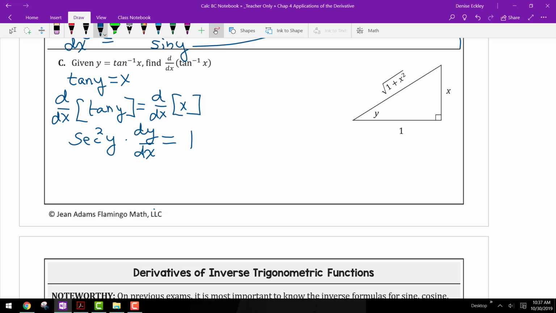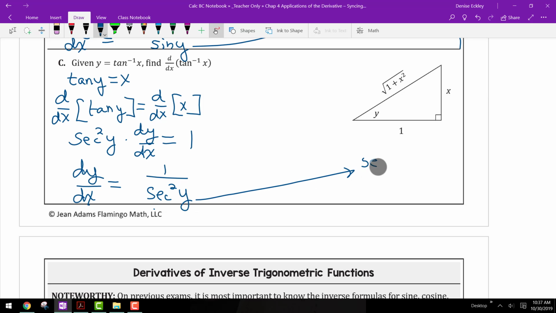and the other side of the equation will be 1. So solving for dy dx, we get 1 over secant squared of y. So again, secant of y is going to be hypotenuse over adjacent.